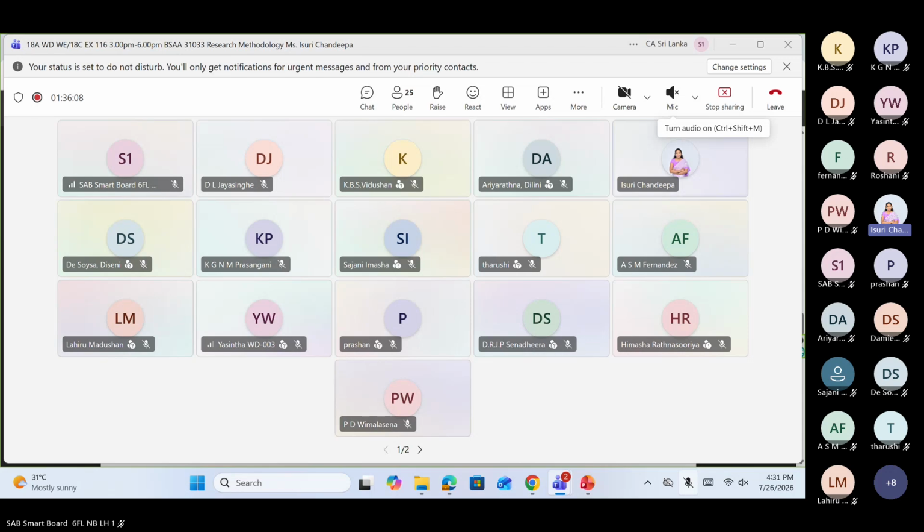Can you try sharing the screen? Is that possible for you all? At least one student can share the screen and check whether the share screen option is available for you all.